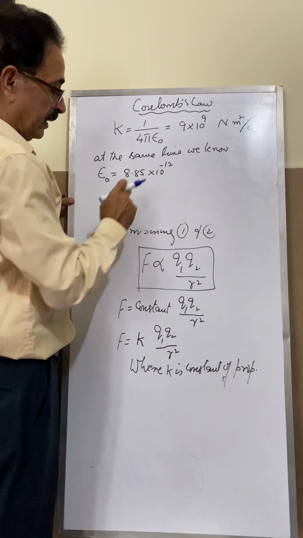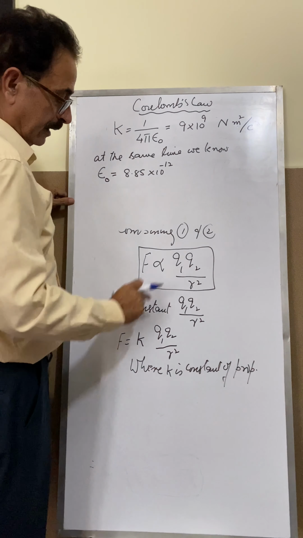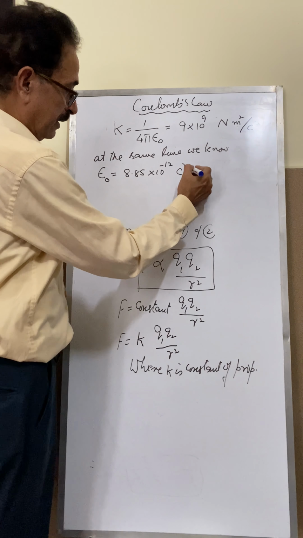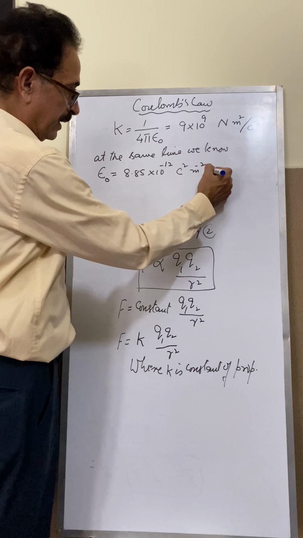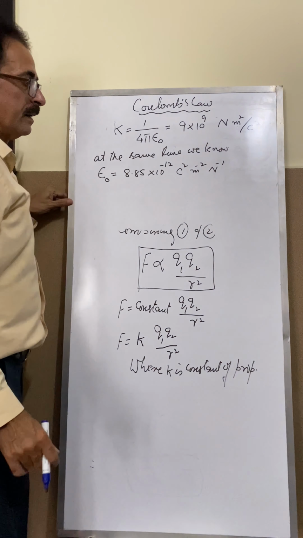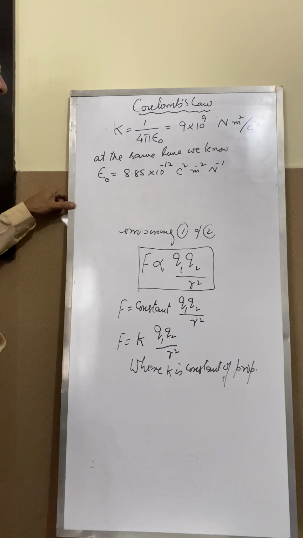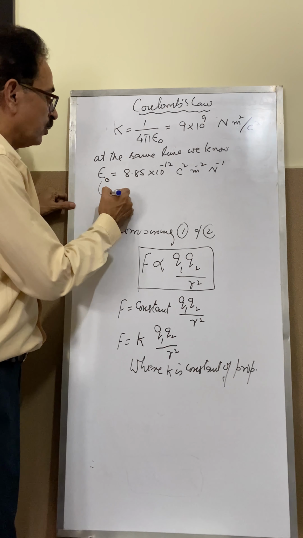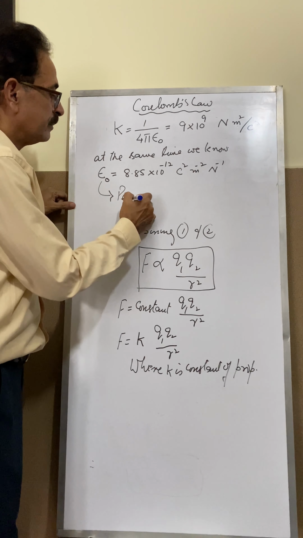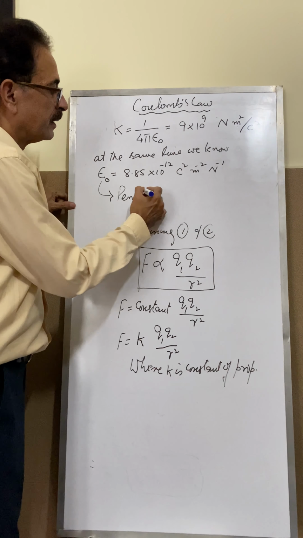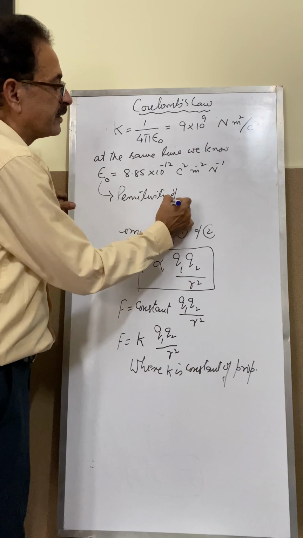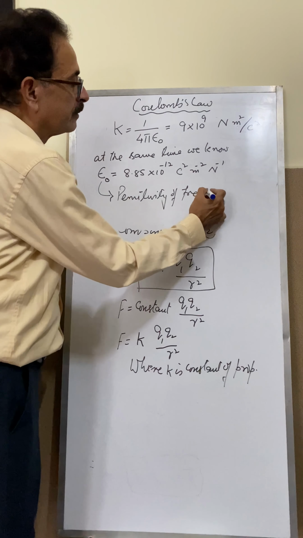We can again calculate its unit from this relation. It is Coulomb square per meter square per Newton. This is the unit for epsilon naught, where epsilon naught is known as the permittivity of free space.